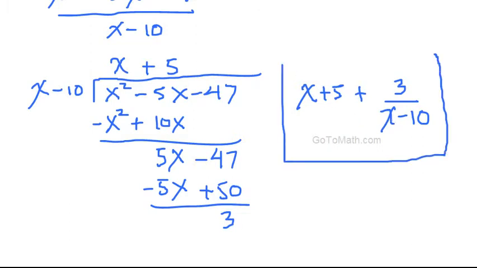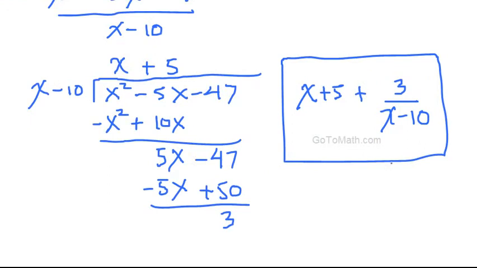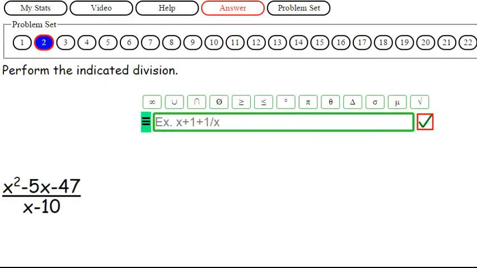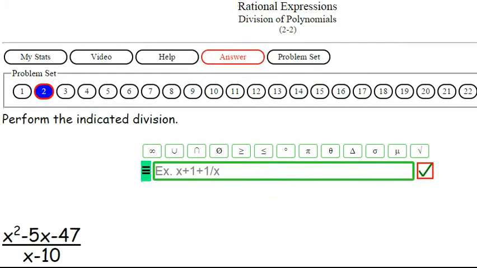And I'll take it that it's correct. I think we did that example in the last problem, how to check that. So we have x plus 5 plus 3 over x minus 10. And it looks like it's agreeing with the script there.